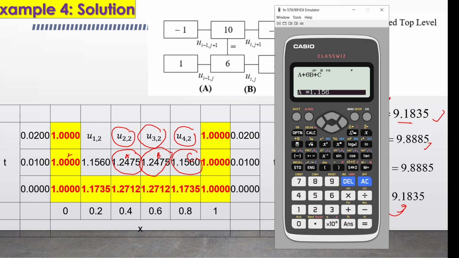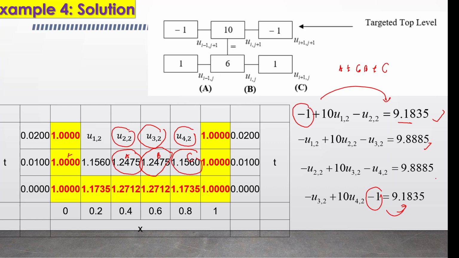So calculate: A is 1.2475, B is 1.2475, C is 1.156. So also 9.8885.